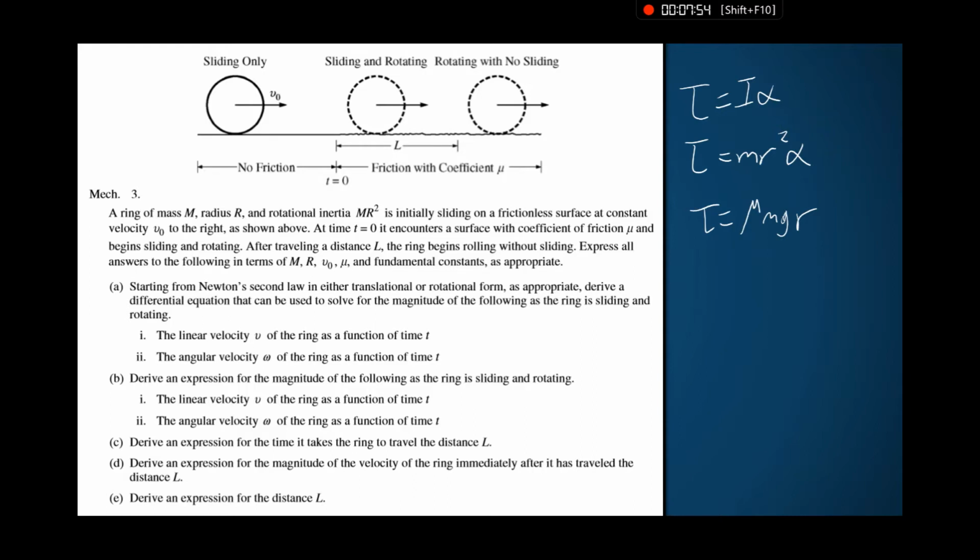So we don't know that we've traveled all of L yet. Okay, then I can set these equal to each other and start solving. So torque is torque, mu mgr equals mr squared alpha.